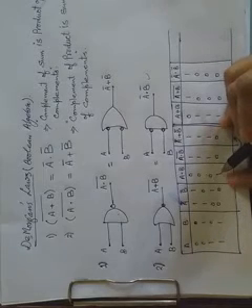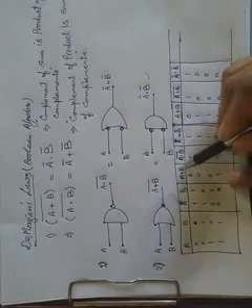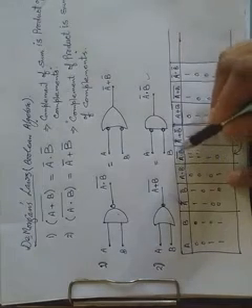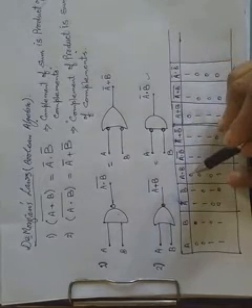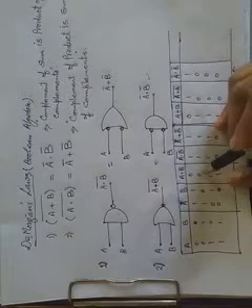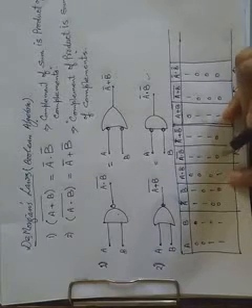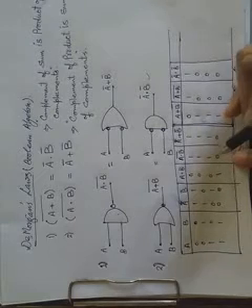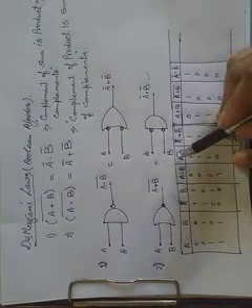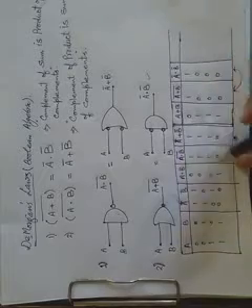Now taking the complement of A dot B: the complement of 0 will be 1, accordingly 1, for this 0 as well 1, and for this 1 it will be 0. Now I have got the complement of A dot B.